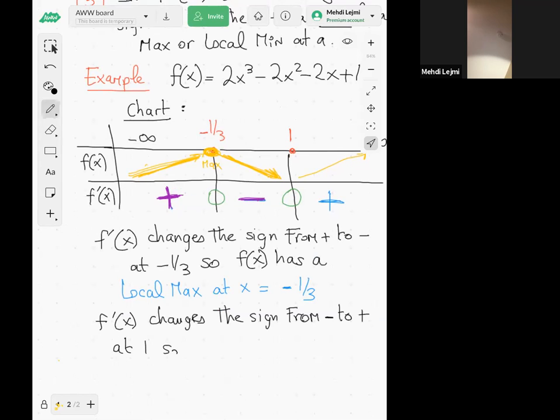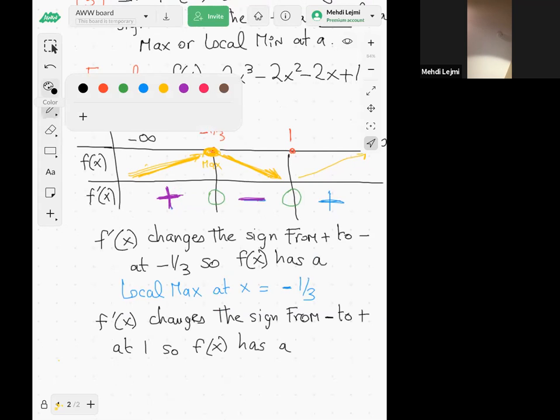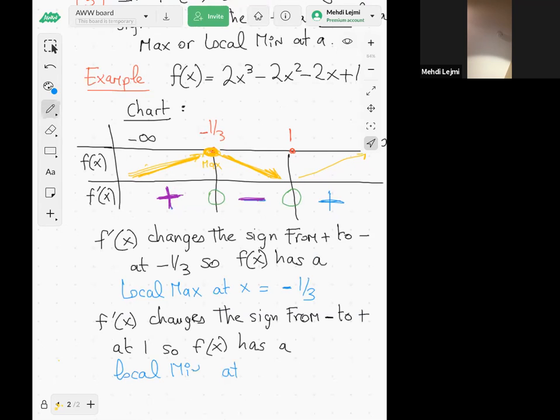So then f of x has a local minimum at +1. Local minimum at x equal to +1, right?